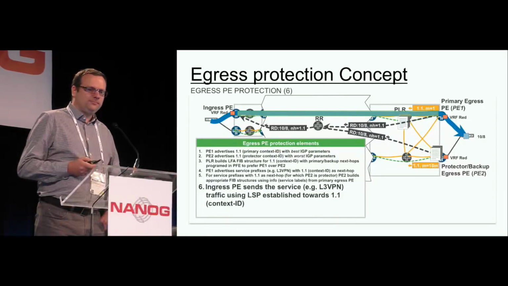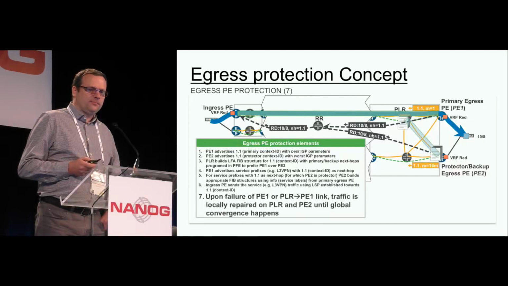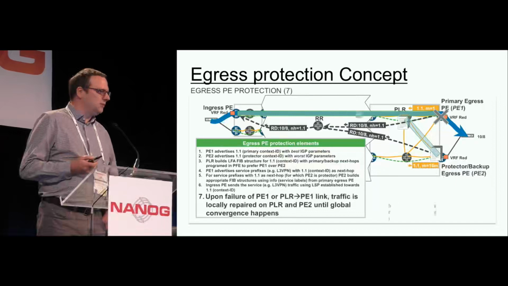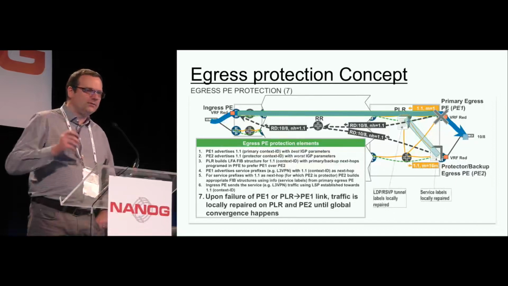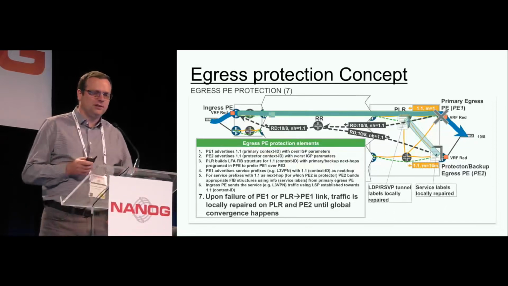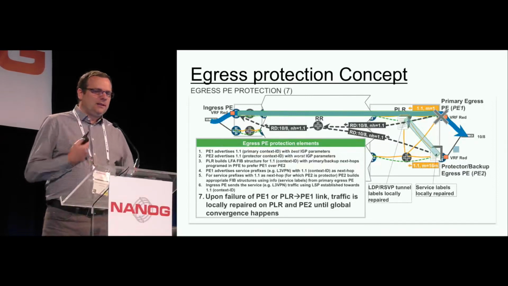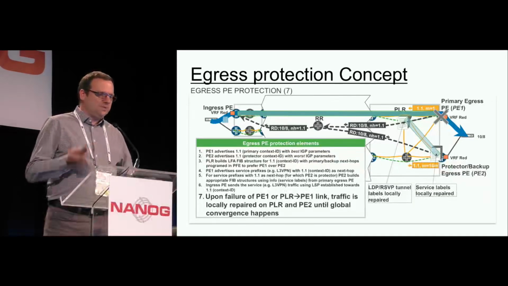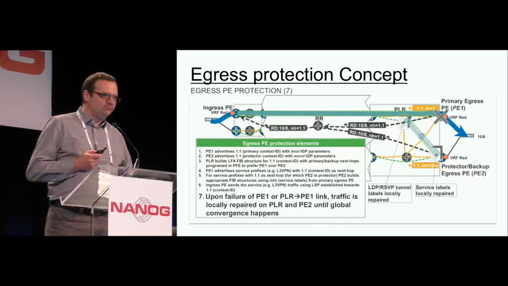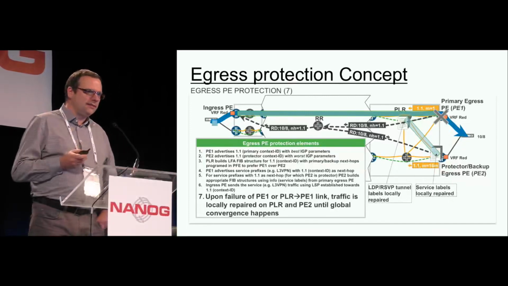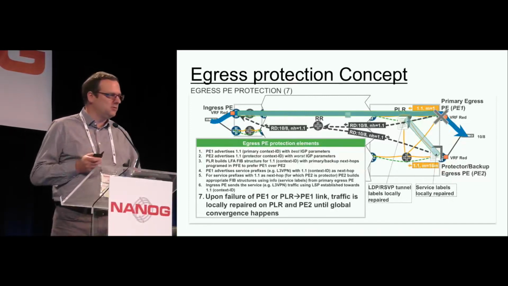And now some failure happens on P1. Okay, P1 failed, a line card failure, for example, or a complete failure of P1. The traffic still flows. Ingress PE still doesn't know that something happened, so it still sends the traffic over the same LSP as previously.